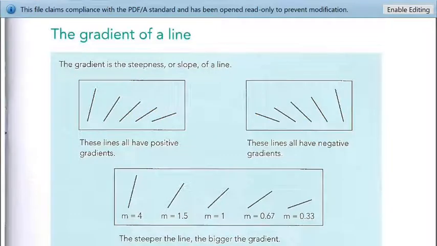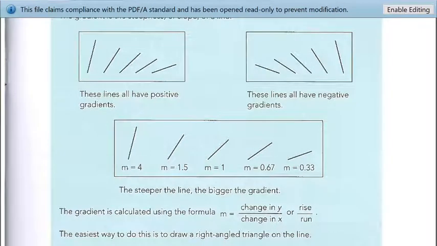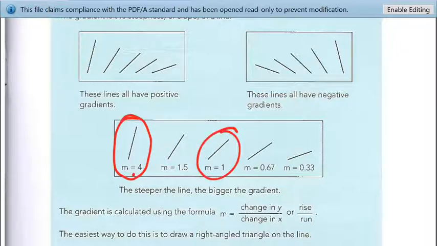Now, the first thing they want you to see is that the steeper the line, the bigger the gradient, and more slope. If you look at some of the examples, this line is almost straight up and down. It's very steep. The slope of that is 4. But this one's leaning further over, so it's not as steep a hill, and the gradient of that one is 1.